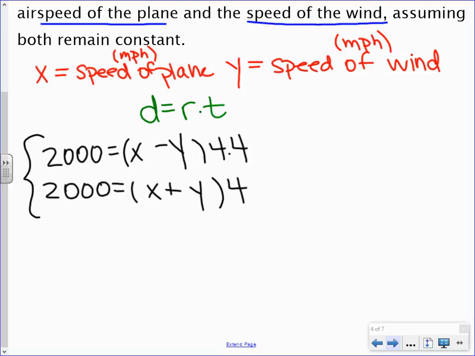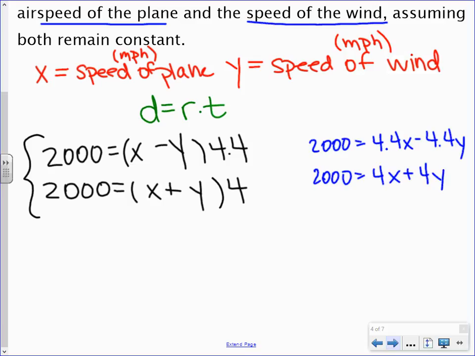Technically this is 2,000 equals 4.4x minus 4.4y, and this is 2,000 equals 4x plus 4y. Which equation would you like to take the second one, x or y? Doesn't matter.